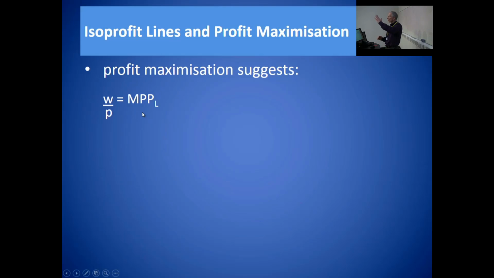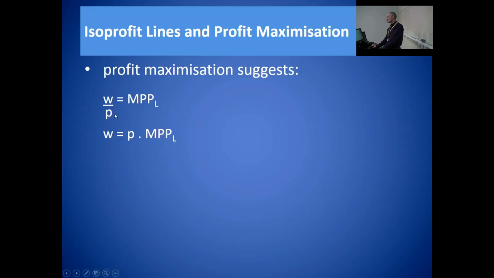And the slope of the short run production function, as we saw last week, is equal to the marginal physical product of labour. So that is what we identified at point B. And that will always be the case. That is our profit maximising condition. I just want to rearrange it ever so slightly though.